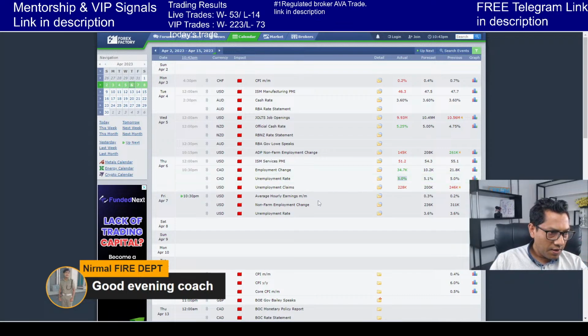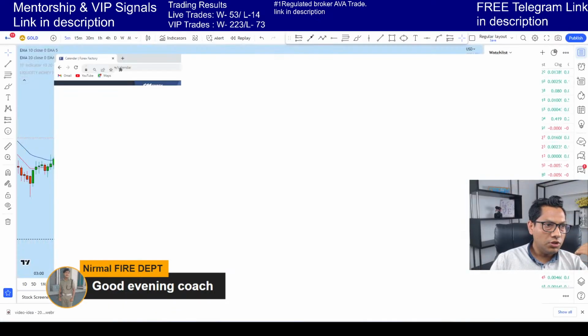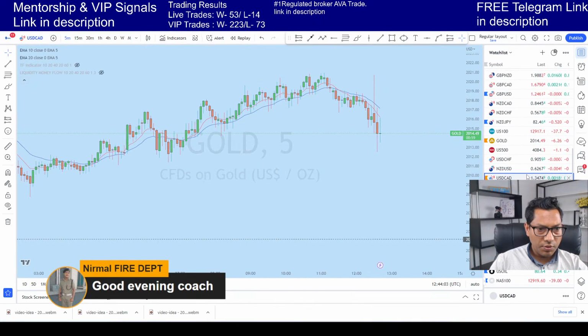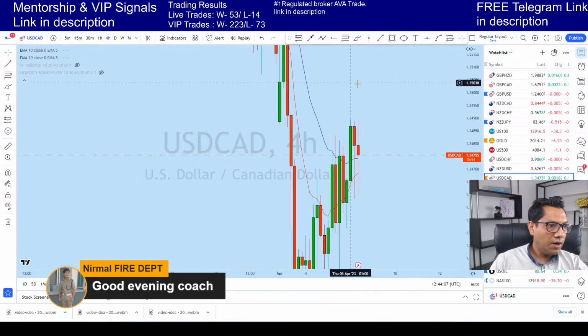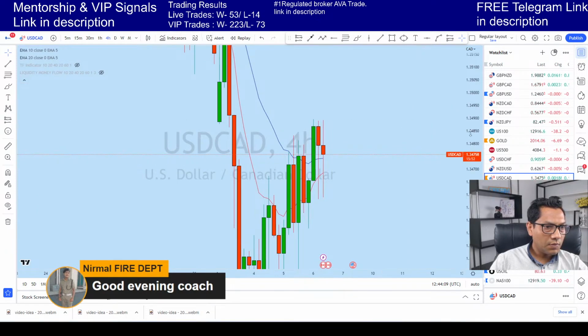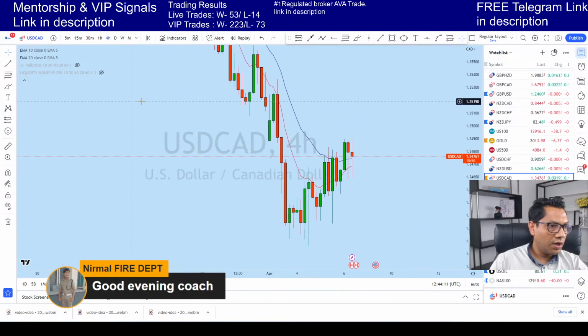USD unemployment claims is bad for the dollar. So the chemistry will be: dollar weaker, CAD stronger. This is what happened previously, and we see that the market, you see, this is the 4-hour candle on dollar CAD.